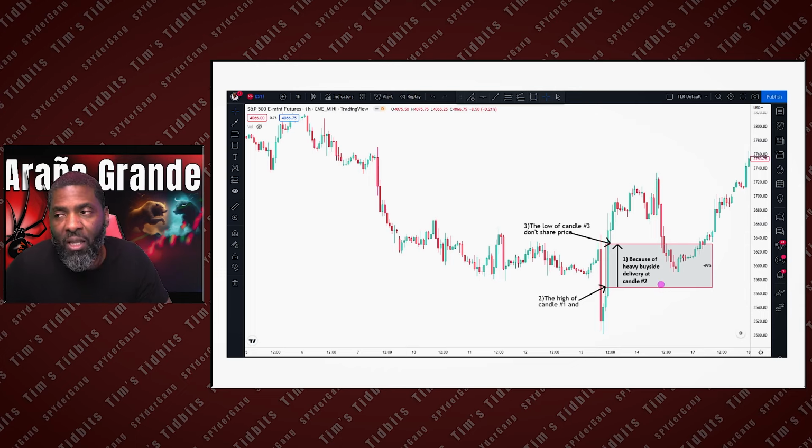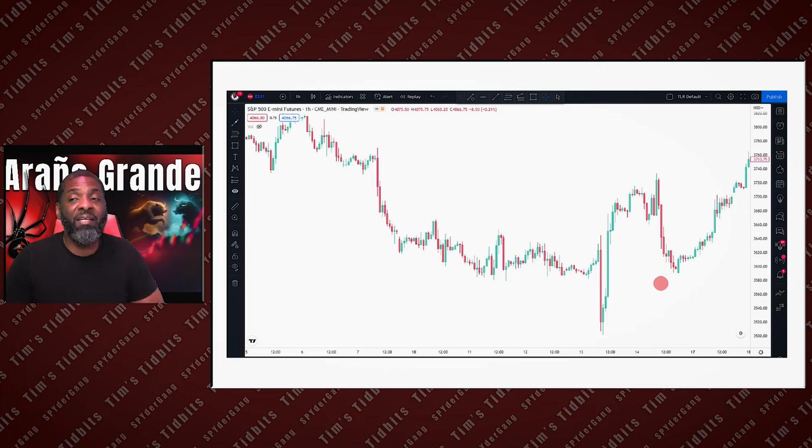Now, let's move on and discuss this bearish fair value gap right over here. Remember, a 3-candle pattern where candle 1 and candle 3 don't share price. You have candle 1, candle 2, and candle 3. And why is that a bearish fair value gap?